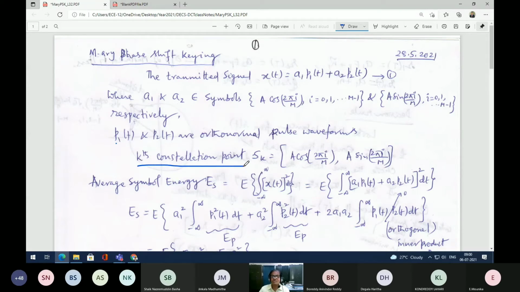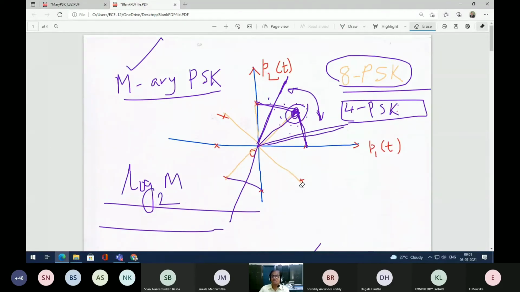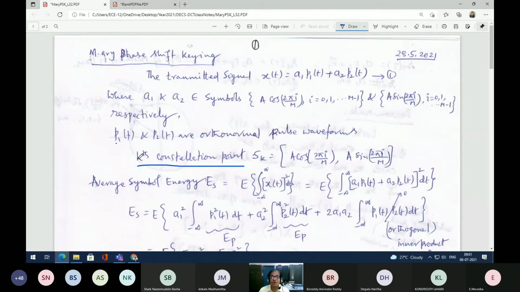Now I'm taking one of these kth constellation points. Kth, I have already shown you. This is 1, let's say 2, 3, 4, 5, and like that I'm just taking the kth constellation point. The kth constellation point I denote as S_k, which has A cos(2πi/M) and the other one is A sin(2πi/M).